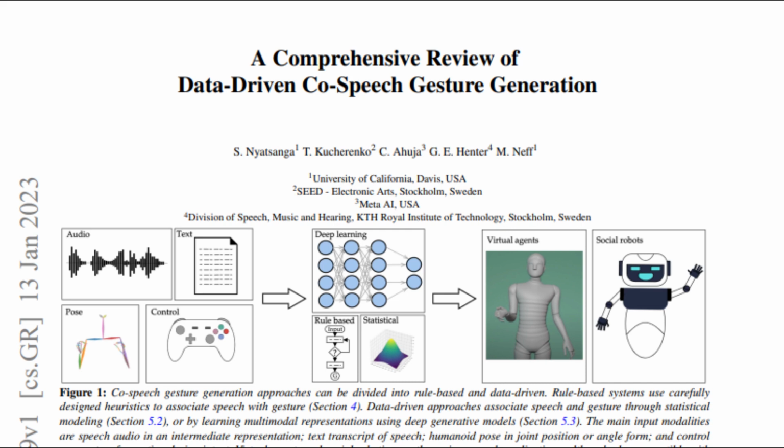5.1. Speech gesture datasets. Any data-driven method is fundamentally limited by the data it is trained on. The number of datasets suitable for machine learning on human gesture data has been steadily rising, as has their size.